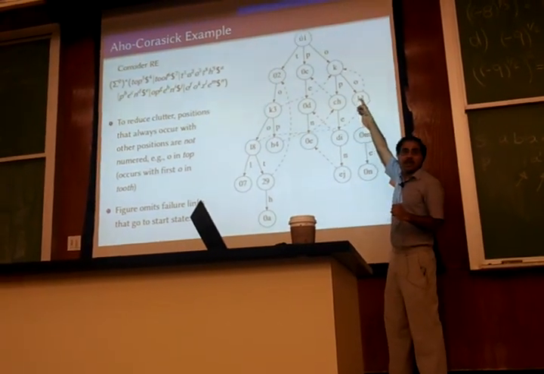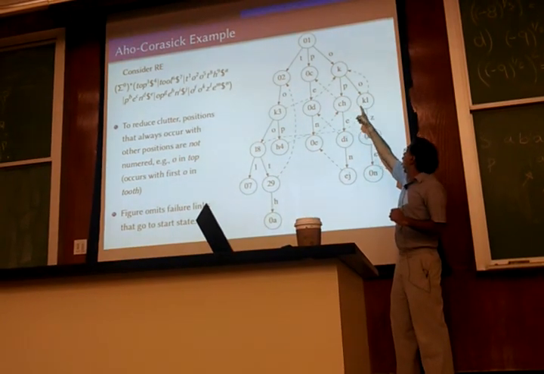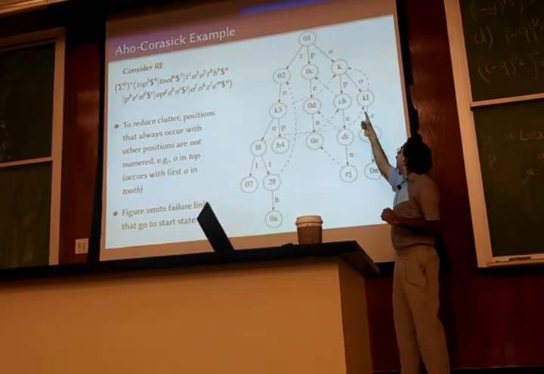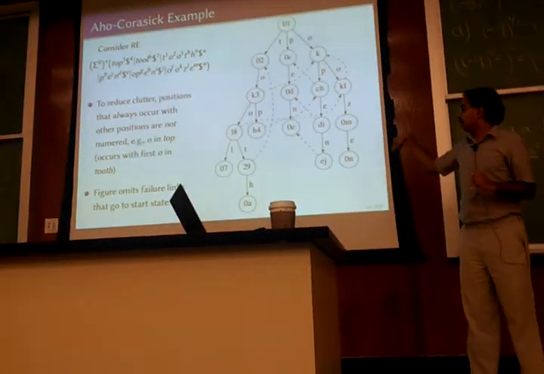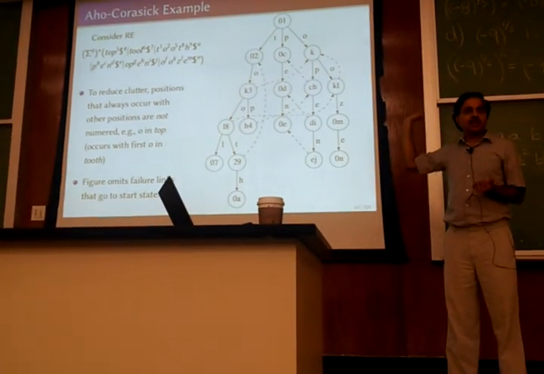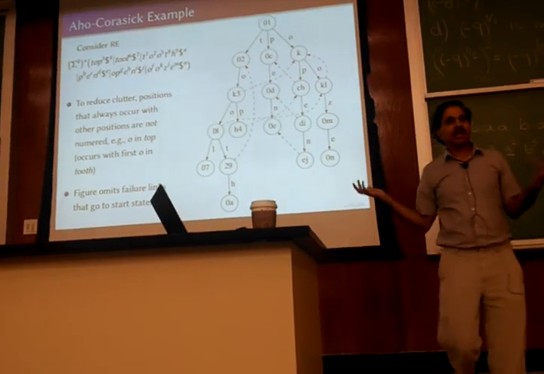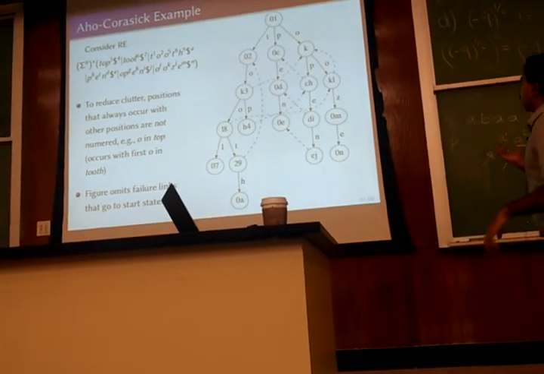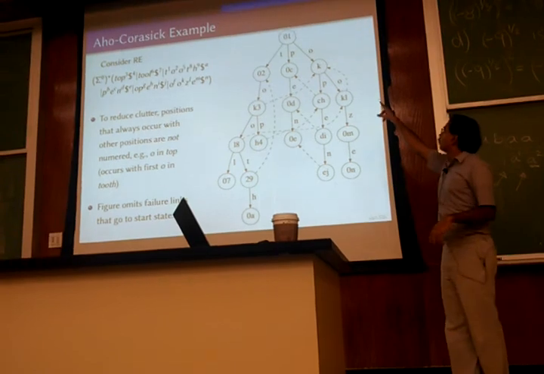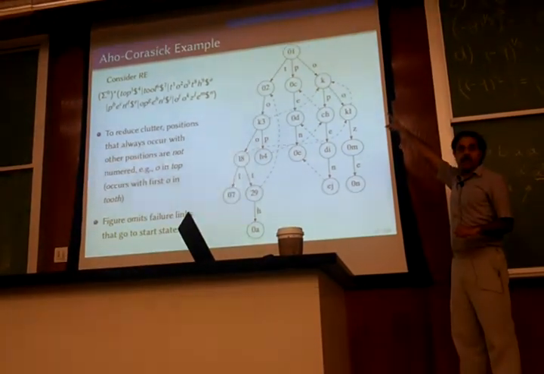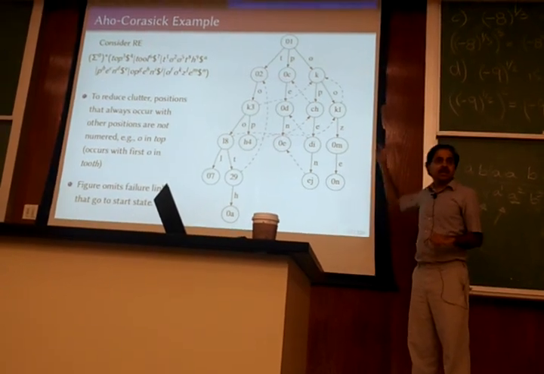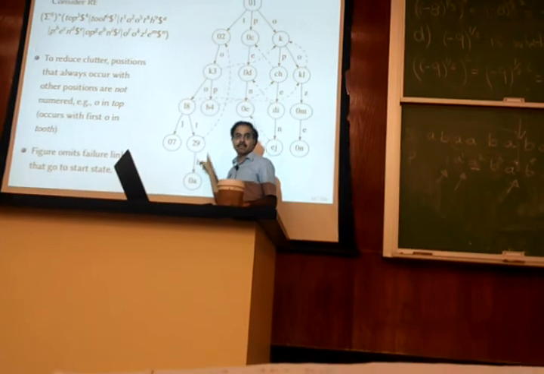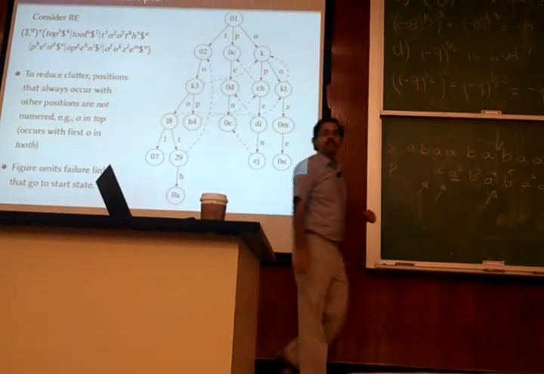I go to the parent state, K, which still doesn't have anything on T. So then I go to the failure link of that. You notice that I just don't show the failure link that goes back to the start state because it's kind of obvious. So by following the failure link a few times, you end up at the start state, and the start state has a transition on T. That is going to be position 2, and that is the position that can advance.